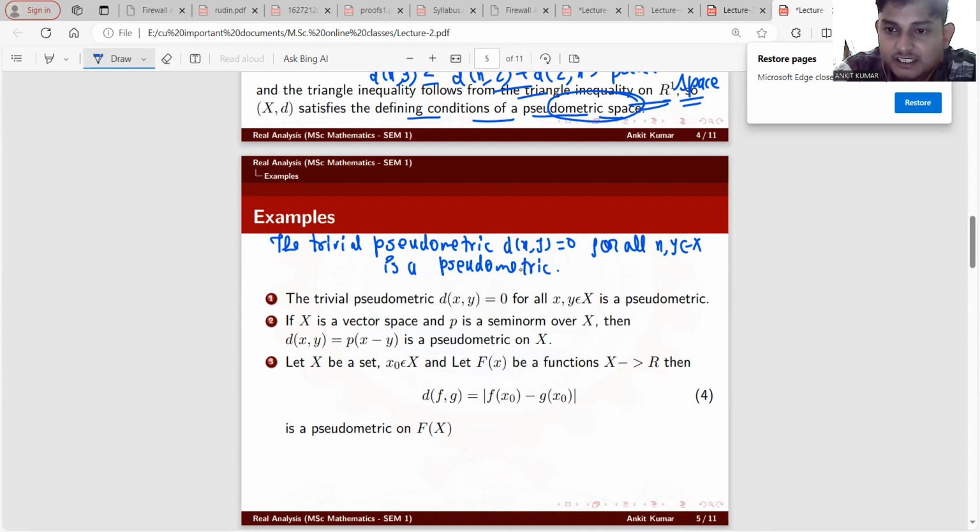So the trivial pseudo-metric space: d of x comma y is equal to 0 for all x comma y belonging to capital X is a pseudo-metric space.